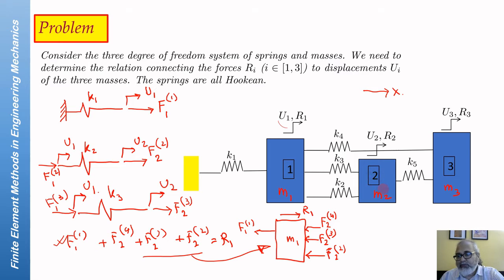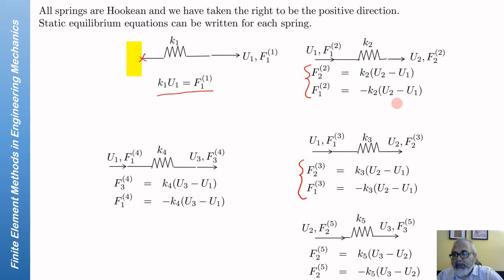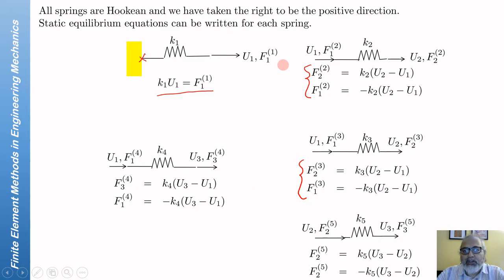Similarly, we can write it for mass 2 and mass 3, and then replace these forces by the constitutive equations that we have used. So if we do that, this is for mass 1, this is for mass 2, this is for mass 3, and now we will replace these by the constitutive equations that we found from the free body diagrams of the springs.